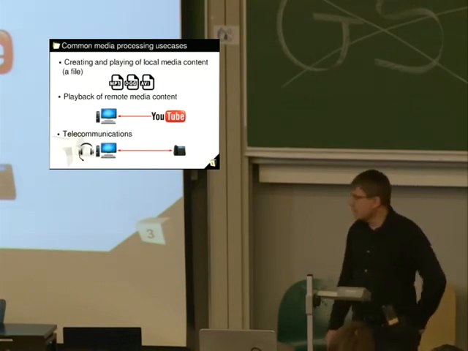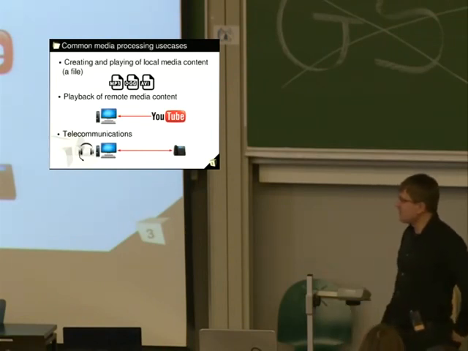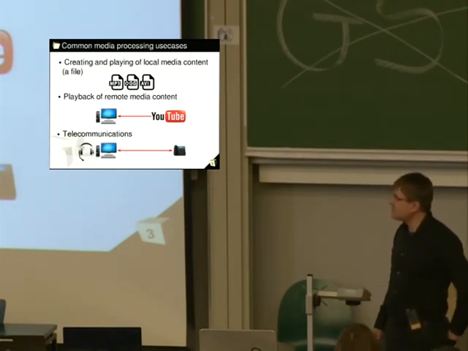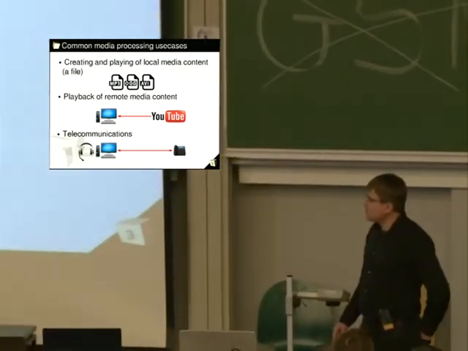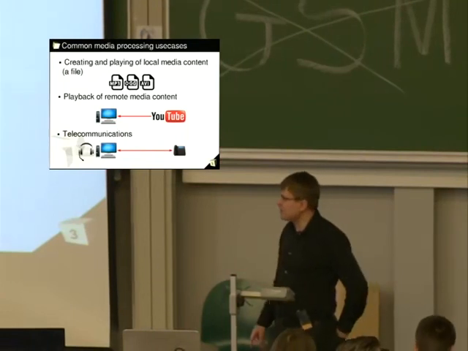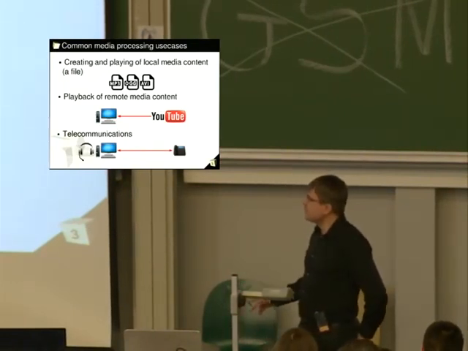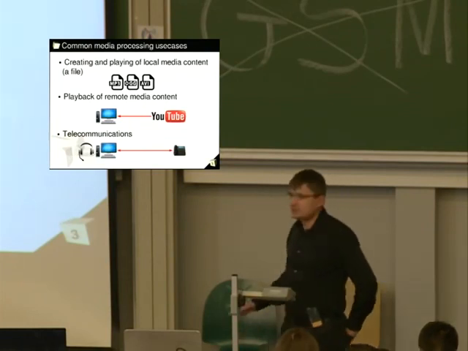The next one is telecommunications. It is really important and fairly different from the others. We will be focusing on the last two. The first one is covered by different technologies, actually. I can mention them later, but we will be focusing on remote media playback and telecommunications.